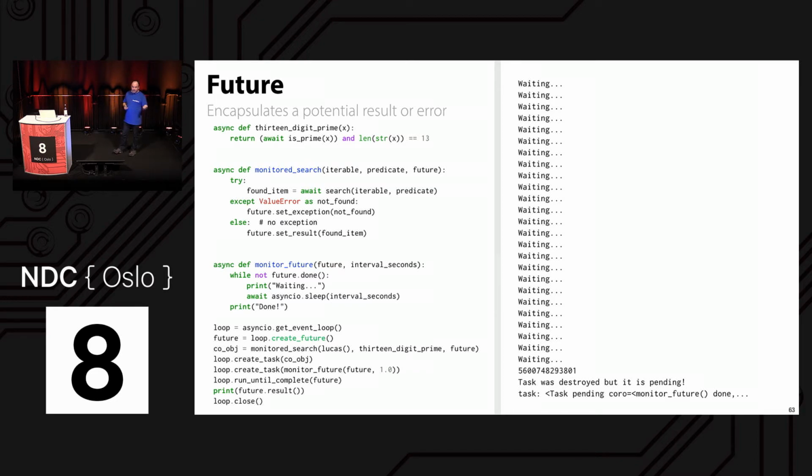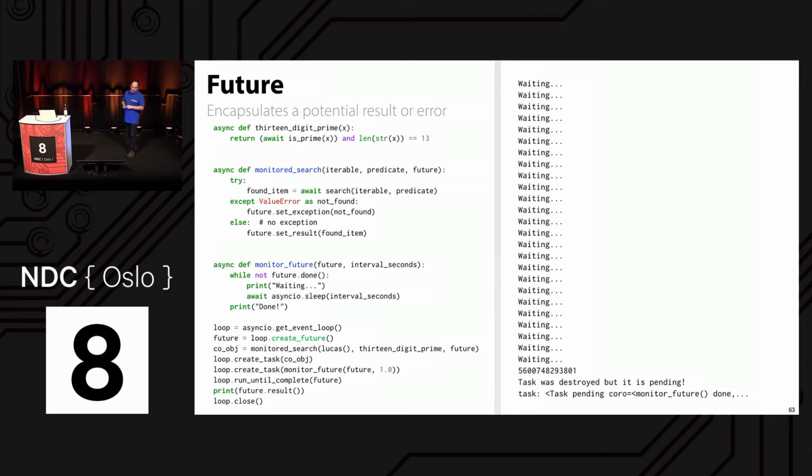And the future is essentially the future. We can either set it with a result to say, yes, the potential result has been realized, or we can call set_exception and say an error occurred. So it's a signaling mechanism that we can use to communicate between tasks.